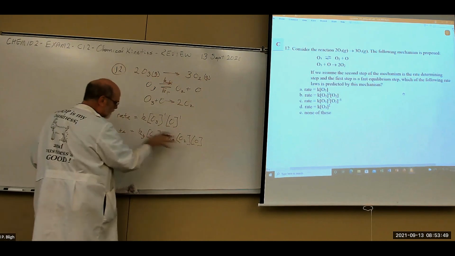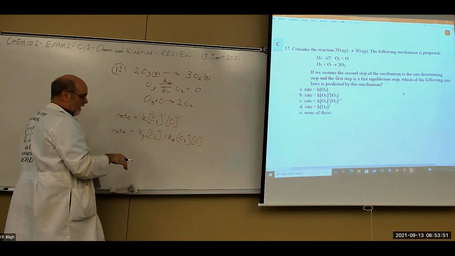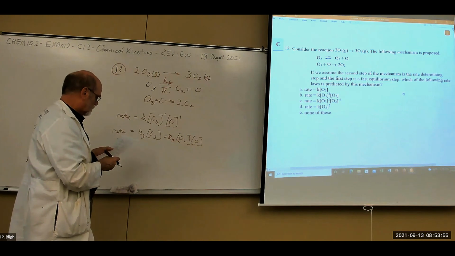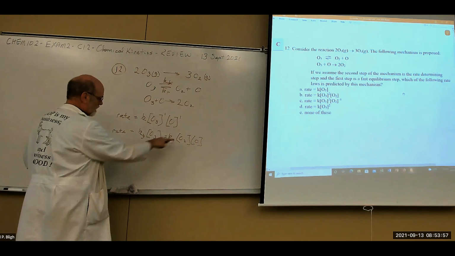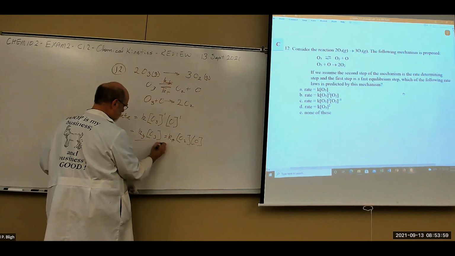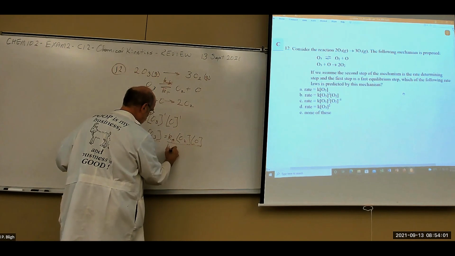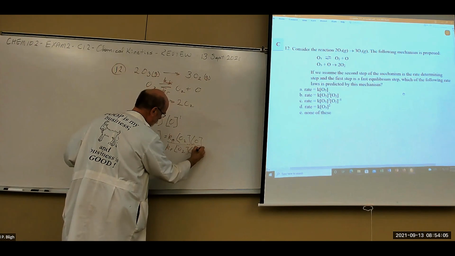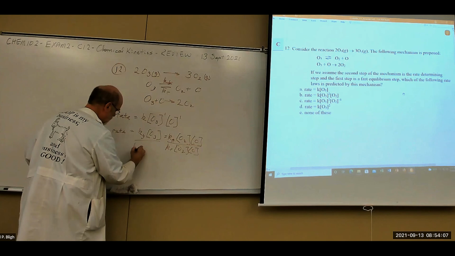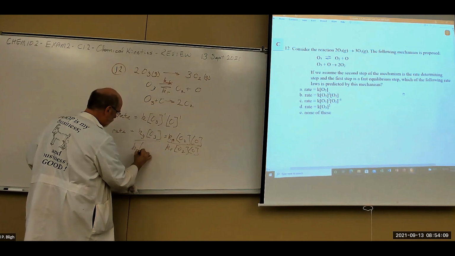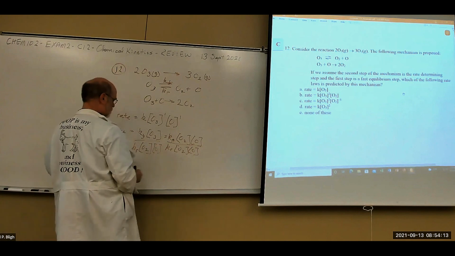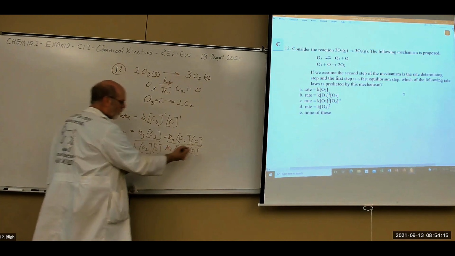Now, if we got these two equal, let's divide both sides through by this one. This is obviously 1.